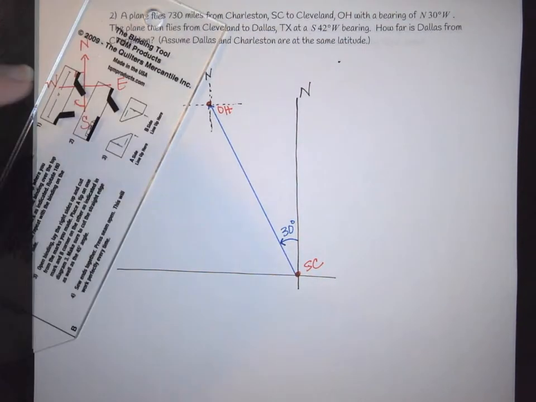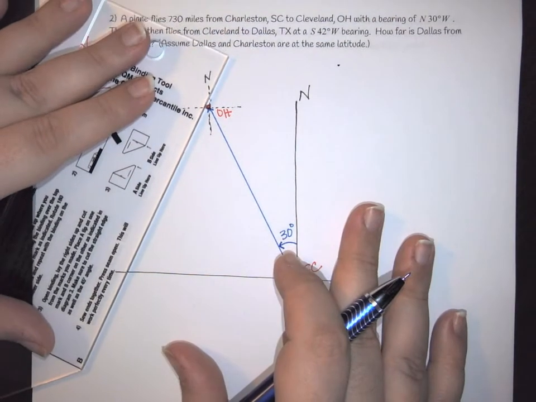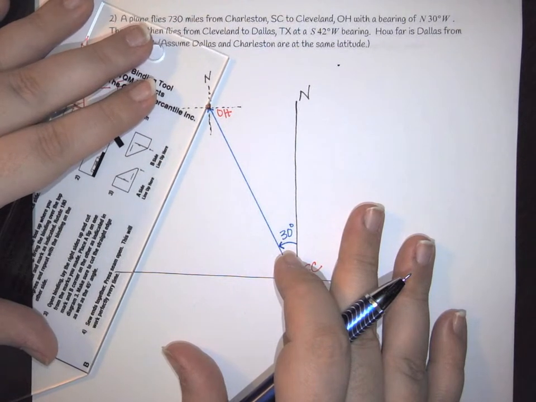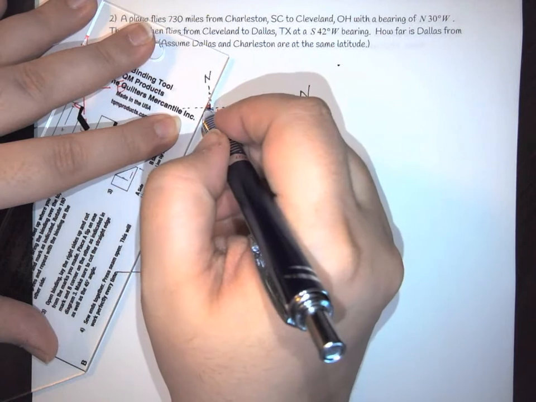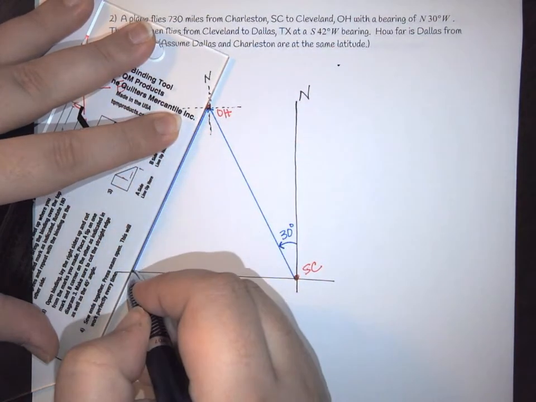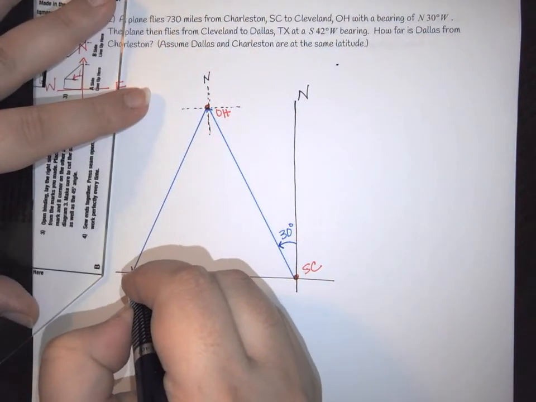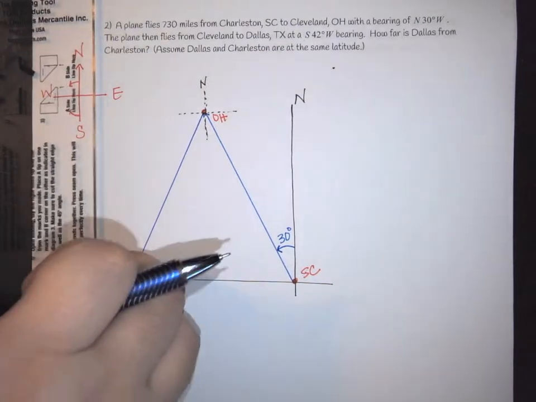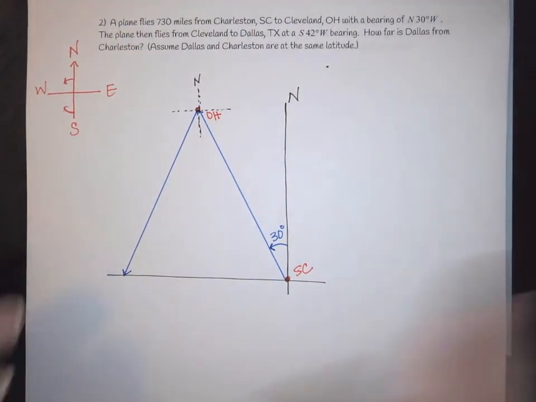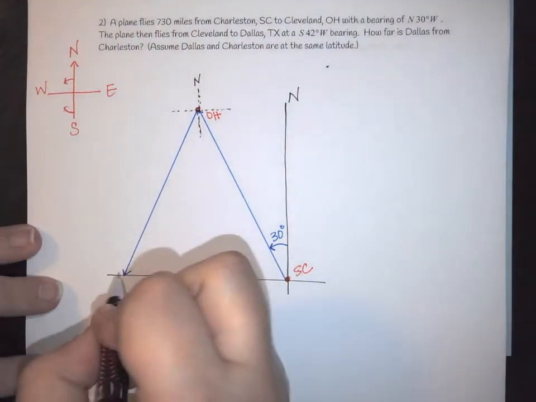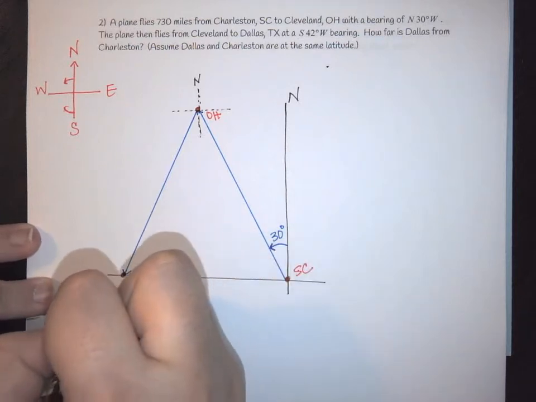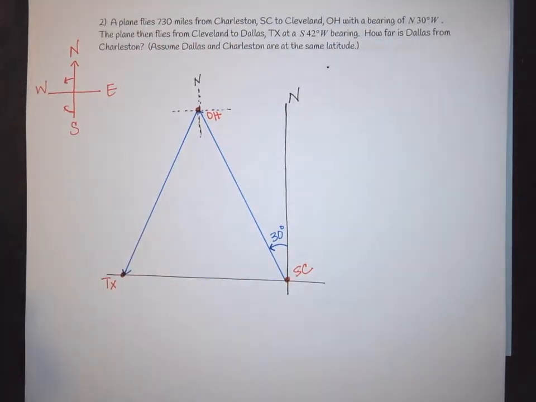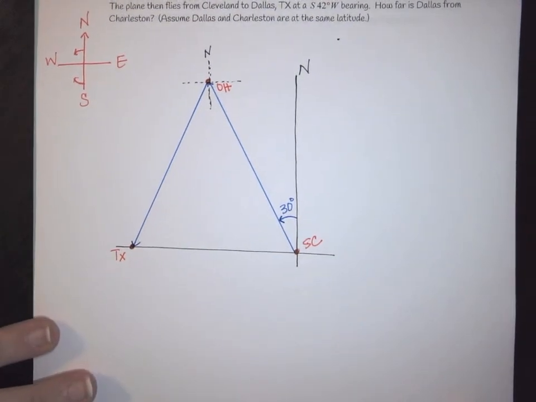So we're going to spin our point down, and now we're going to come down this direction. We're supposed to assume that Dallas and Charleston are on the same latitude, so that right here is going to put my Texas point right there. Okay. So we actually have our triangle here.